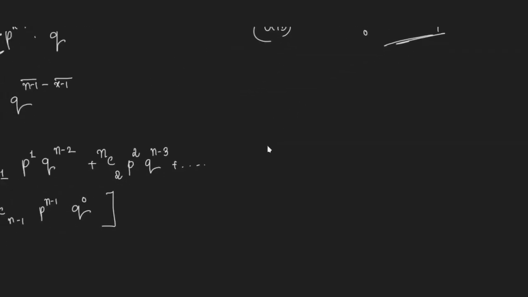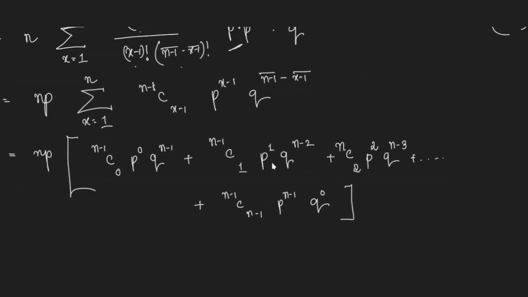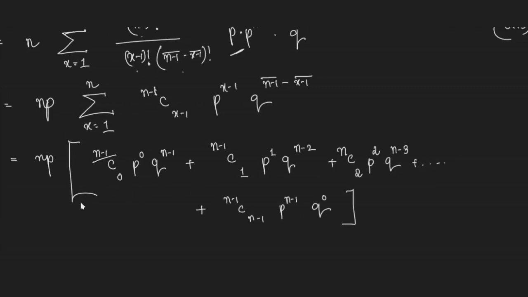Here you are getting the same pattern. It starts from n minus 1, so there are n minus 1 terms, and the power of p goes 0, 1, 2 up to n minus 1, while the power of q decreases from n minus 1 to 0.